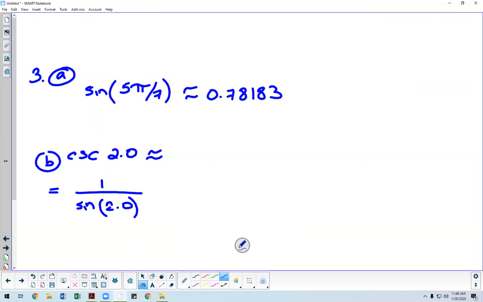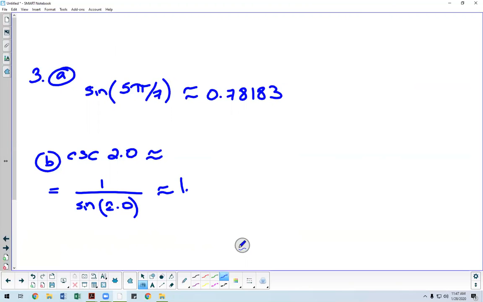So you could just find the sine of 2.0 and then enter it like the previous answer. That's the inverse, and it'll be the same thing, because cosecant is basically the reciprocal of the sine function. So if the cosecant sine inverse is not working out, go ahead and do 1 over sine. And again, round it to 5 decimal places.